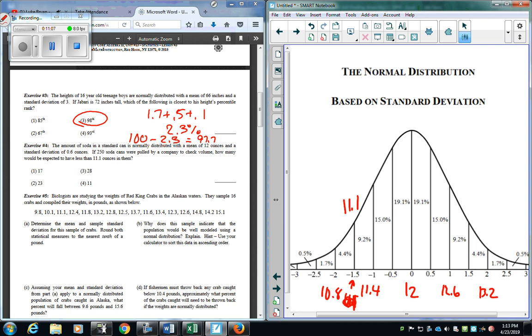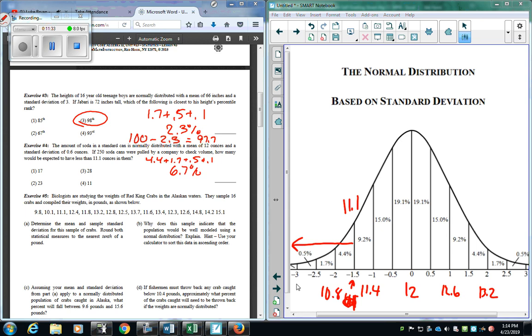So if 250 cans were pulled, how many would be expected to have less than 11.1? Well, we need to find the percentage. So if we add up those percents from there over, you got 4.4, 1.7, 0.5, and 0.1. So that's going to end up being 6.7%.